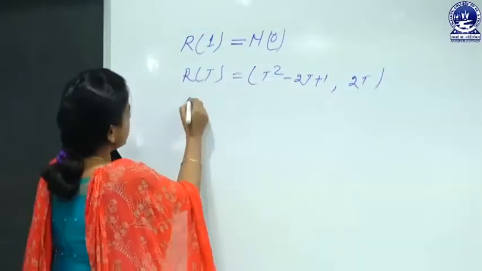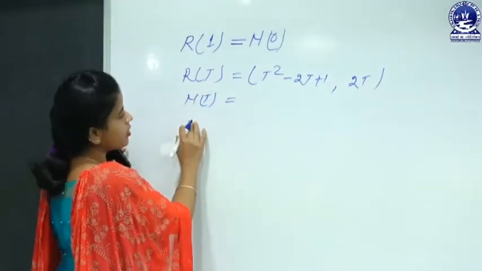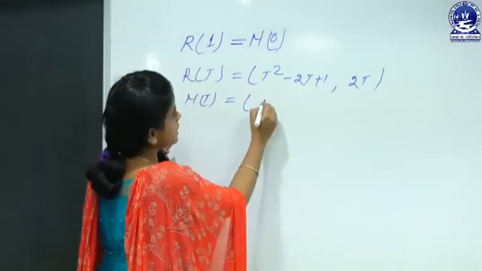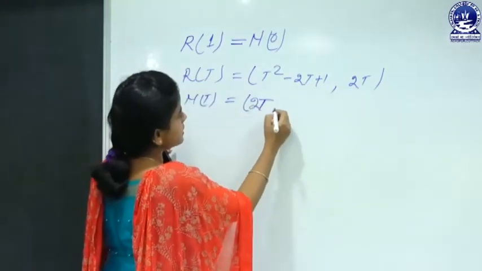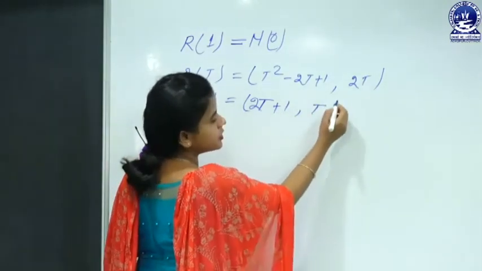Similarly, n of t, in the geometric curve parametric equation, is 2t plus 1, and the other value is t.